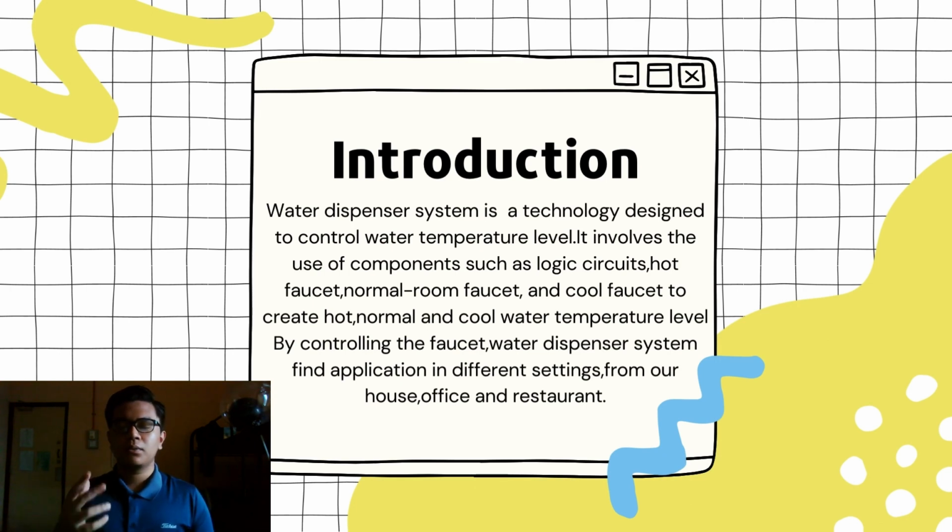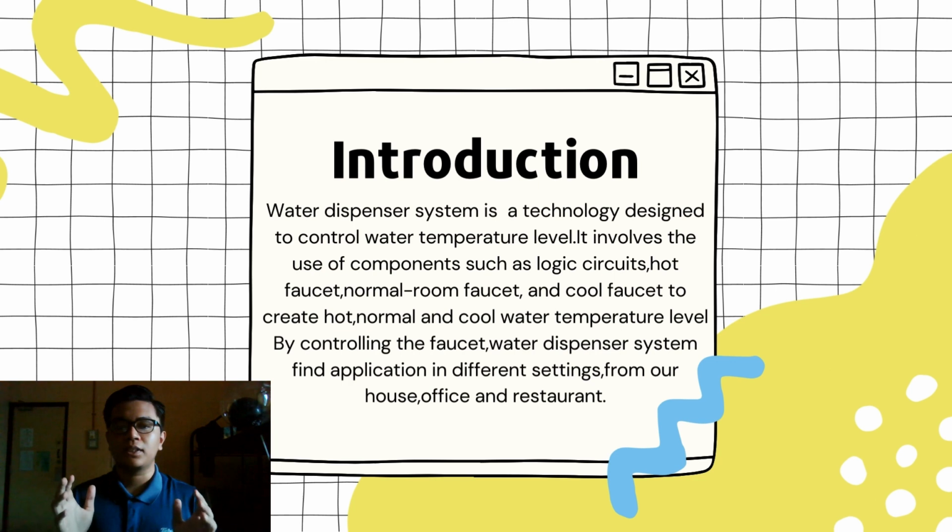So, I'm going to introduce you to our system. Our system is a water dispenser system. So, what is a water dispenser system? A water dispenser system is a technology designed to control water temperature level.